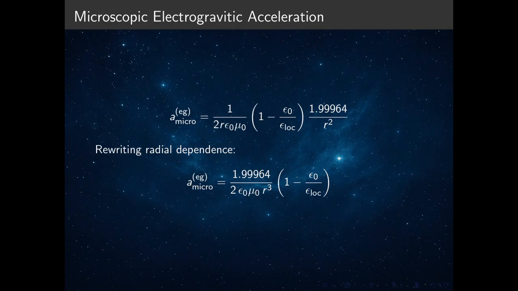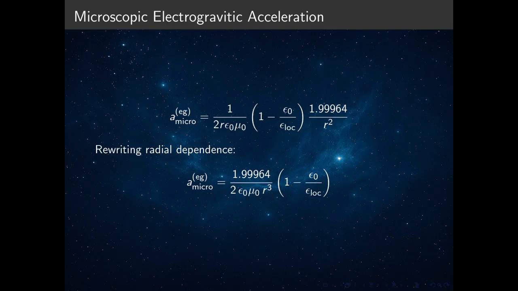Microscopic electrogravitic acceleration. Including the microscopic electrogravitic scaling factor, the acceleration is given by A micro EG equals 1/2r epsilon naught mu naught times 1 minus epsilon naught over epsilon local times 1.99964 over r squared.